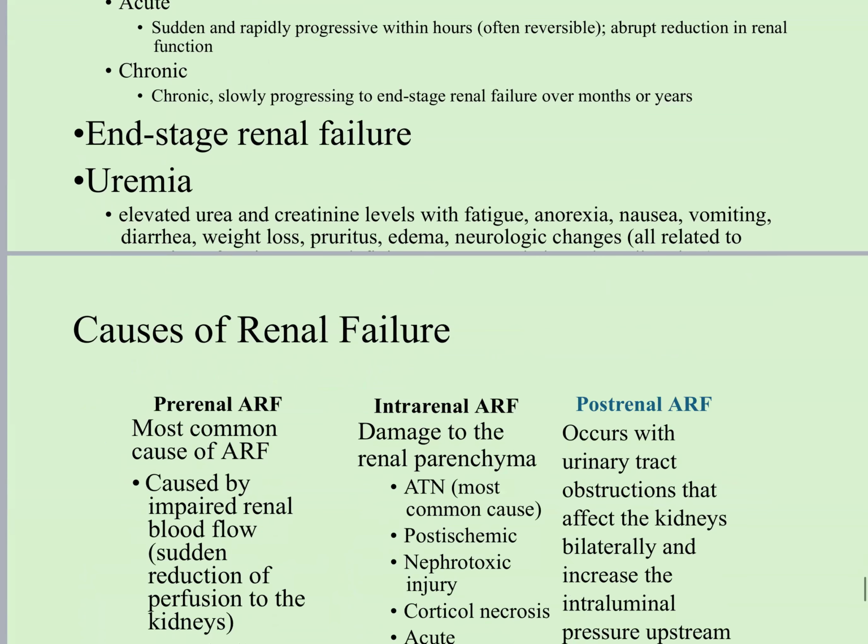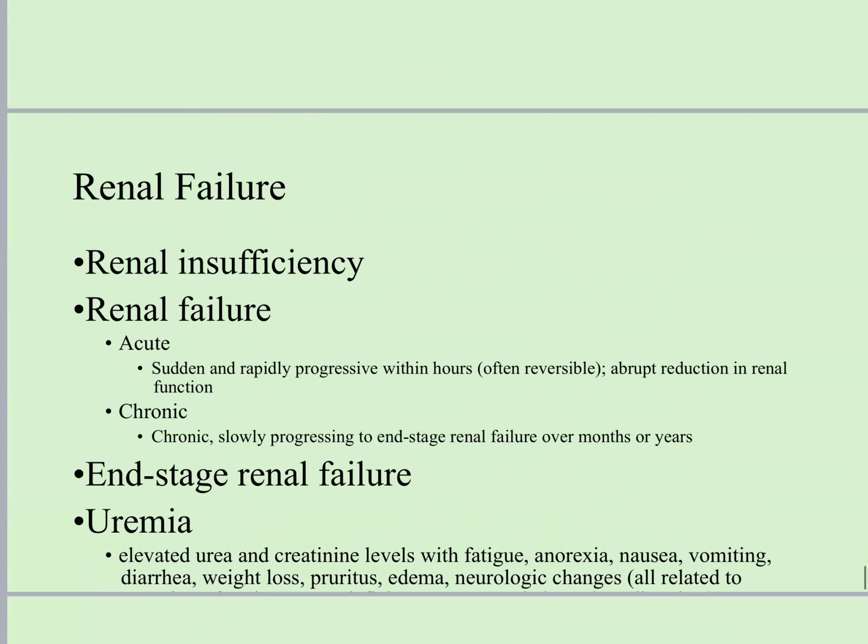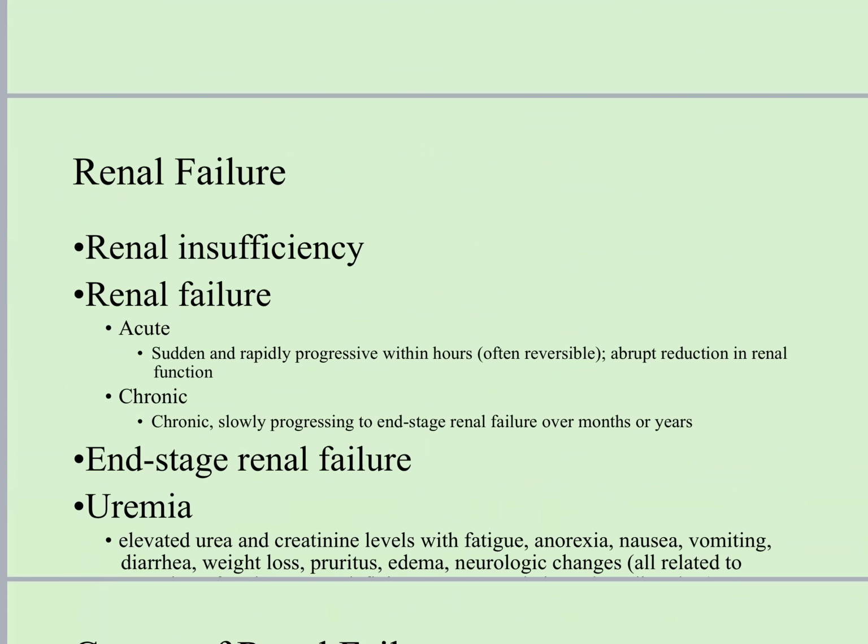Now, the causes of renal failure, well, let me back up for a minute. Acute renal failure is generally caused by things like dehydration, or when somebody is perhaps using a lot of illicit drugs, or maybe they just took too many prescribed drugs, something that we call nephrotoxic when it's toxic to the kidneys.